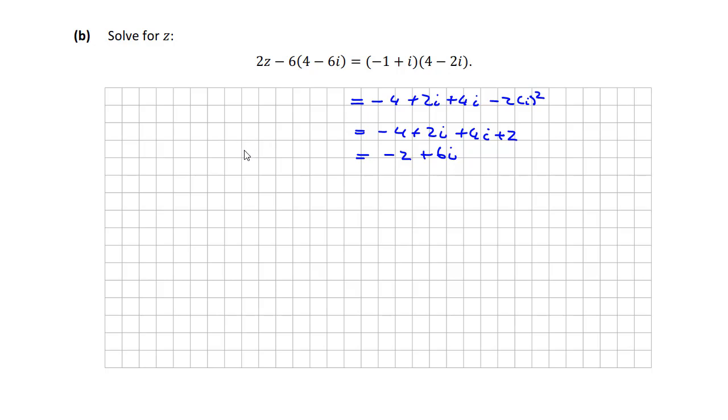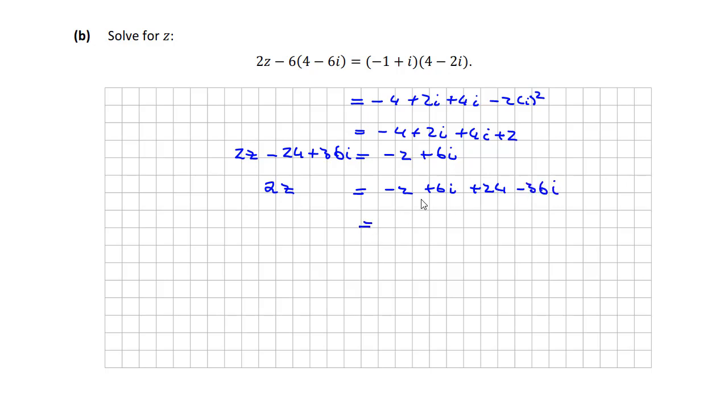Okay, so we have 2z minus 6 fours is 24 plus 36i is equal to this. So we have 2z is equal to -2 plus 6i plus 24 minus 36i.